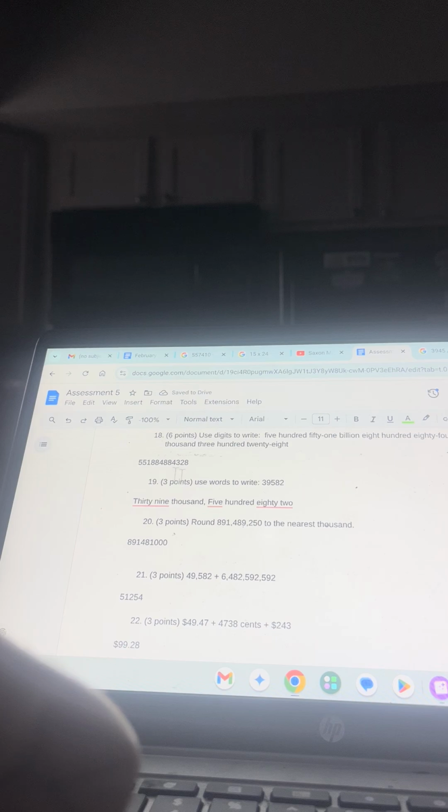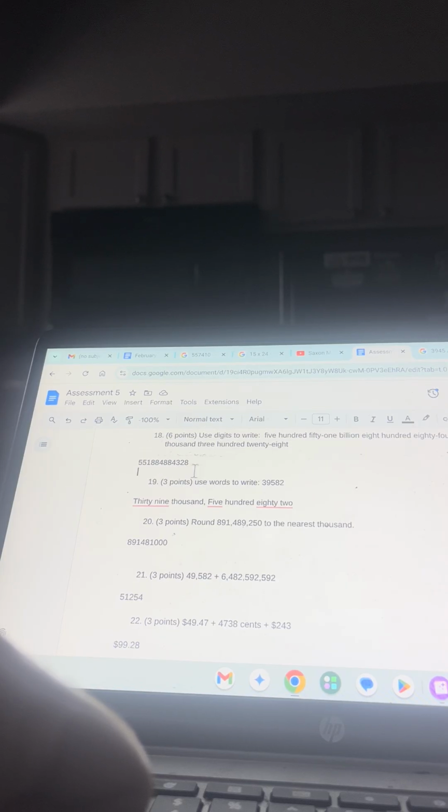Use digits to write 551,884,328. 551,884,000,000. Wait, what'd you write? You wrote 551,884,884,328.